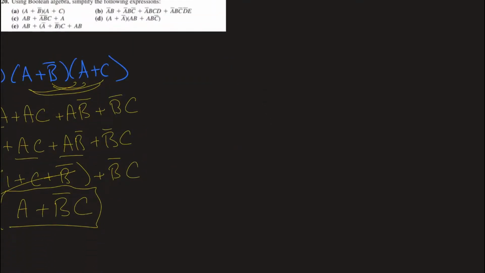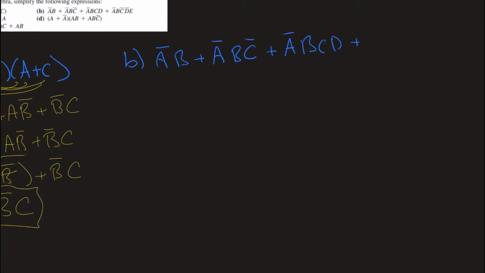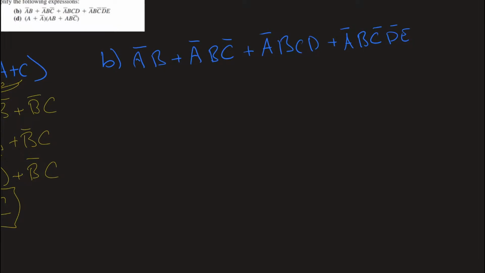So for B, we have A naught B or A naught B C naught or A naught B C D or A naught B C naught D naught E. And lots of times you get equations like this when you do a circuit.